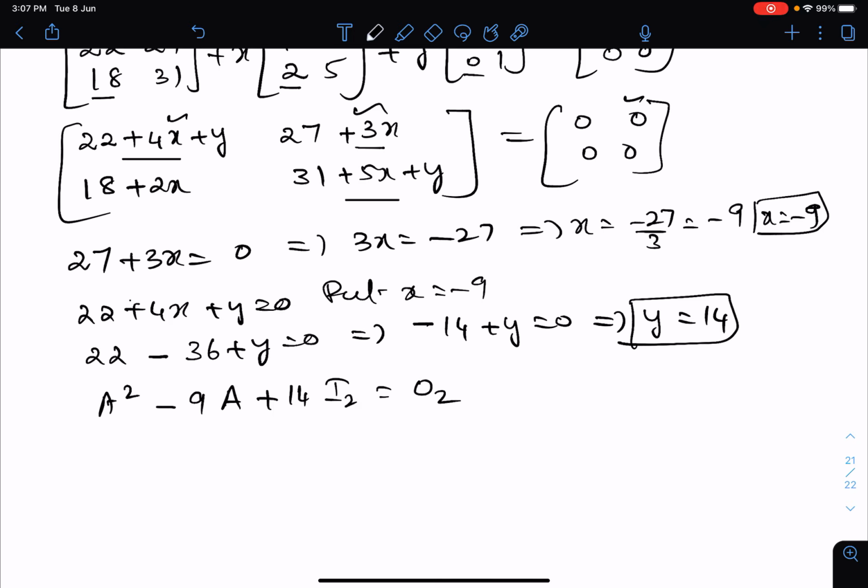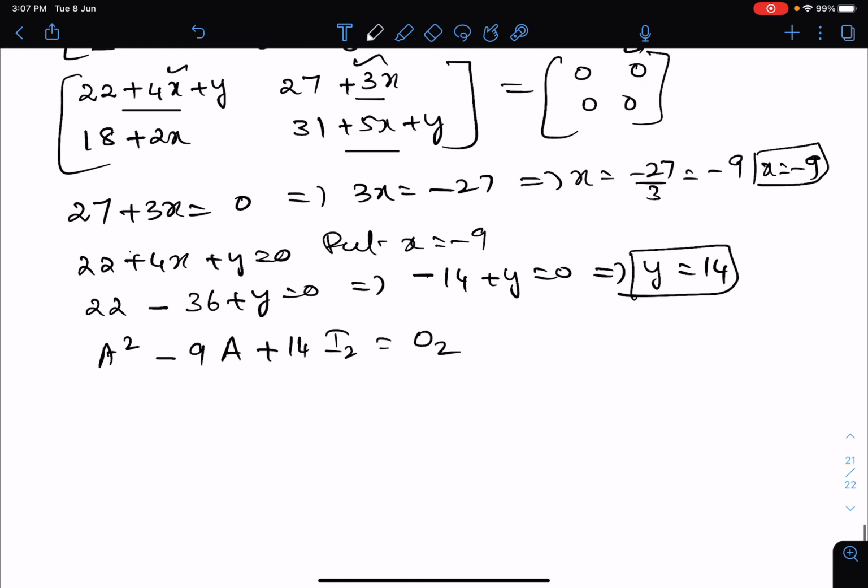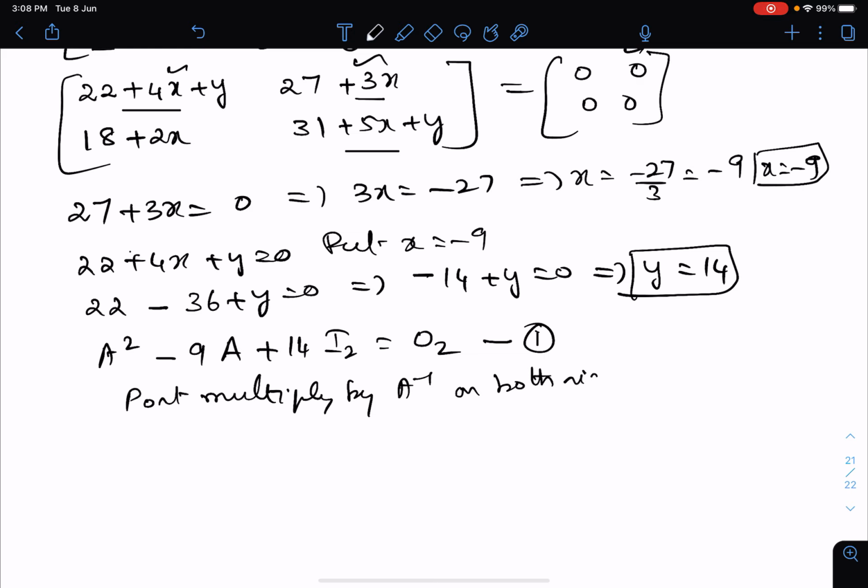For that you are going to post multiply, because this A square you have to bring it down, isn't it? Post multiply by A inverse on both sides. When anything is multiplied by 0, the right hand side is again going to become 0. Okay, only in the left hand side.